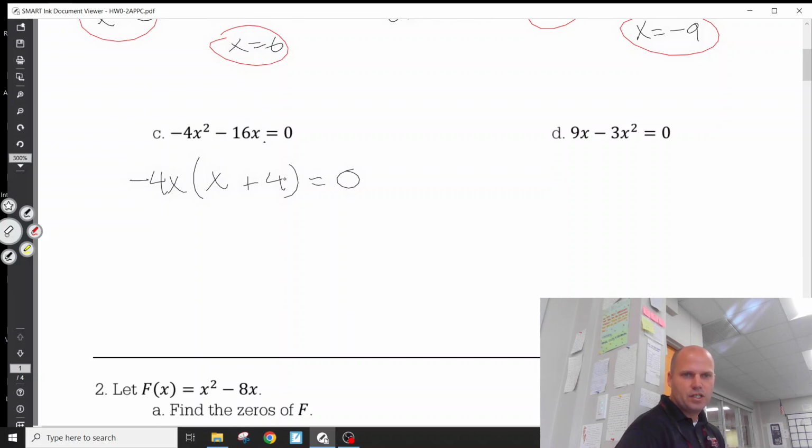It's like this equals that. Both of these terms have a shared thing that is multiplied in, this -4x. You could also do +4x, it's fine. But again, we'll get x equals 0 from this one, and x equals, I'm going to skip the step and just do -4. That is the solution, that is the root, that is the 0.